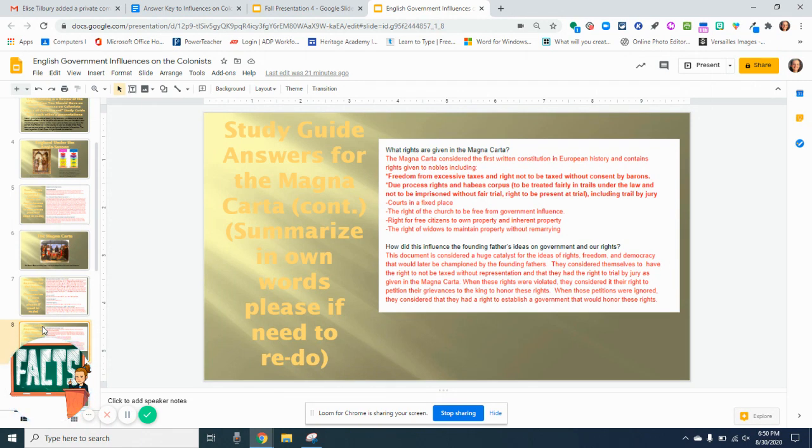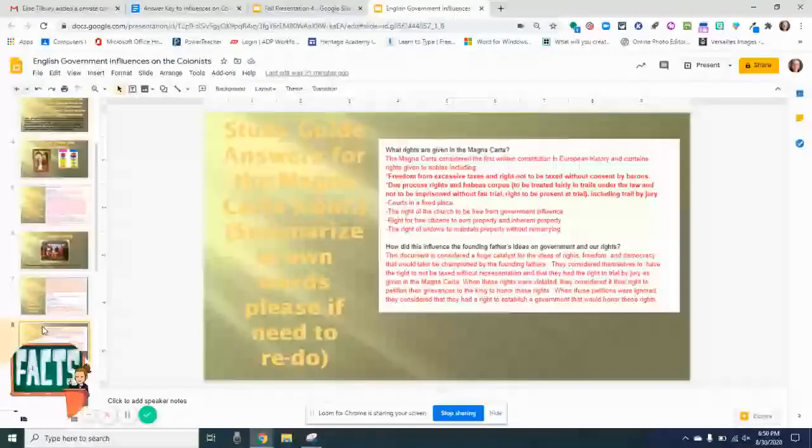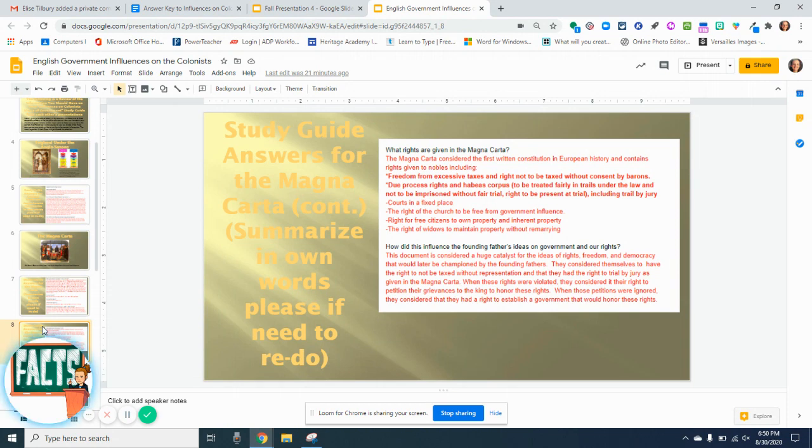It gave the right of the church to be free from governmental influence, kind of a separation of church and state. But we wouldn't really see that fully until the United States, actually, where they completely made the government and the church not the same entity. Rights for free citizens to own property and inherit property, and the right of widows to maintain property without remarrying.